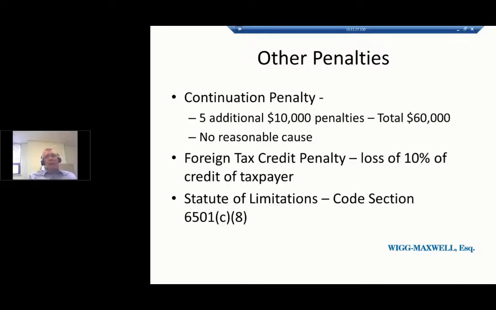Other penalties associated with the 5471: there's a continuation penalty. So if you get a notice that you have a penalty for late filing the 5471, you better start work on getting it done, because there's a 90-day notice period for not having filed, and after that, if you continue not to file or not to completely file, there's an additional $10,000 penalty for each 30-day period, up to a total of $60,000 in penalties.